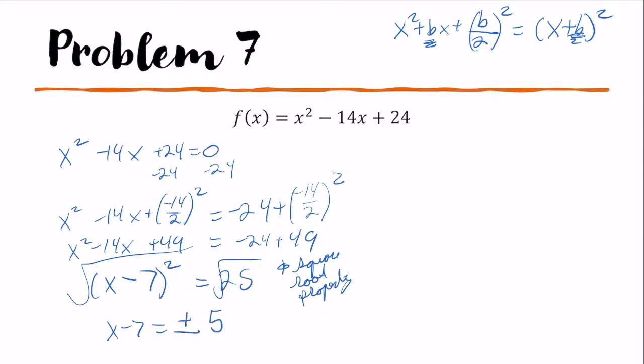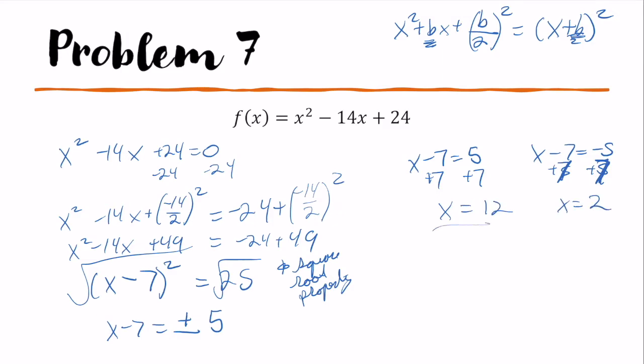So in order to solve for the two zeros of this equation, I take x minus 7 equals a positive 5, and x minus 7 equals a negative 5, and then I add 7 to both sides, not 5, 7. Good grief. So that gives me x equals 12 and x equals a positive 2.